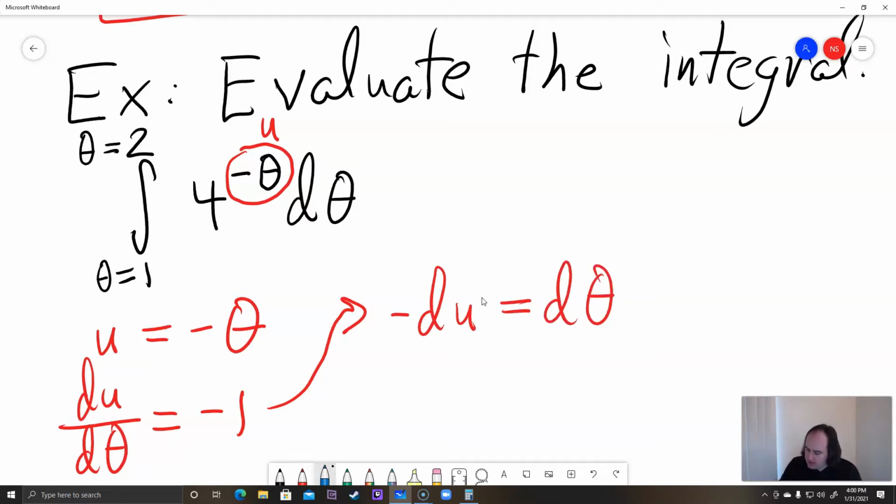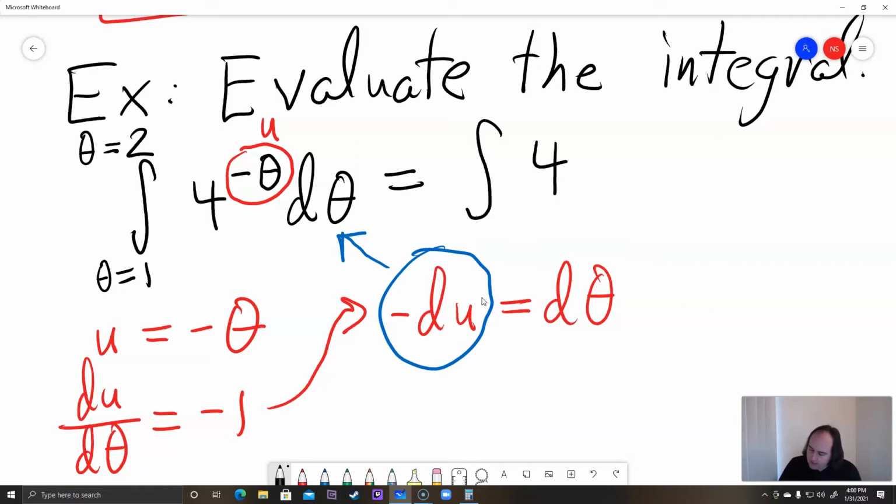Then we can plug in negative du for d theta up here. So what we have is the integral of 4 to the u, because our negative theta is u, and for the d theta, we plug in negative du.